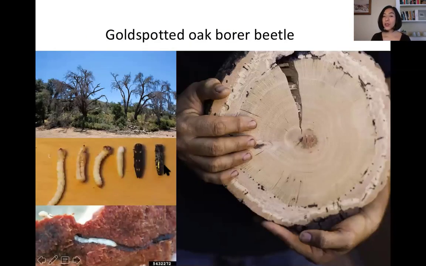An attack that we're having currently of big concern in California is the gold-spotted oak borer beetle. Oaks usually have this oak borer beetle. The gold-spotted is present in some oaks in North America, but not in California. So this is an invasive insect that has been recently spotted in oaks in the last few years, and it's spreading rapidly.